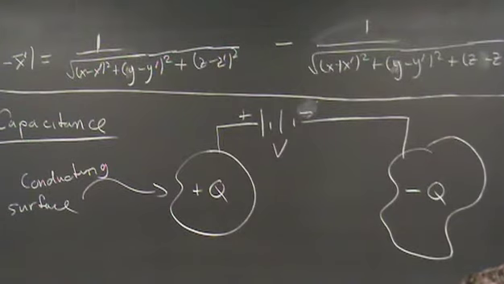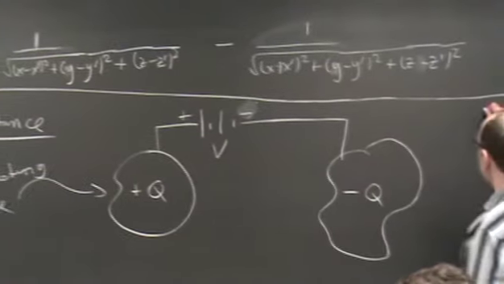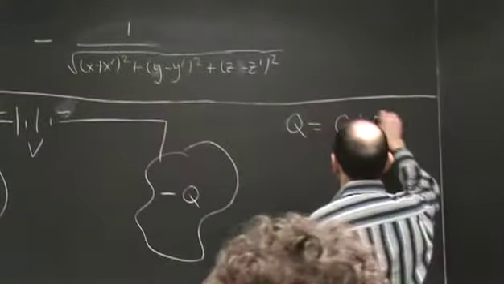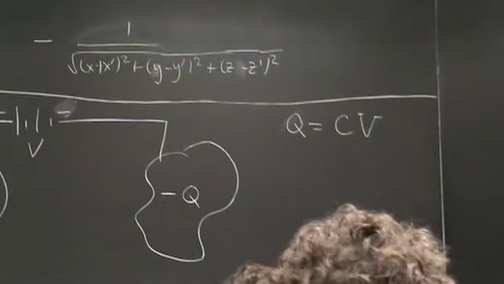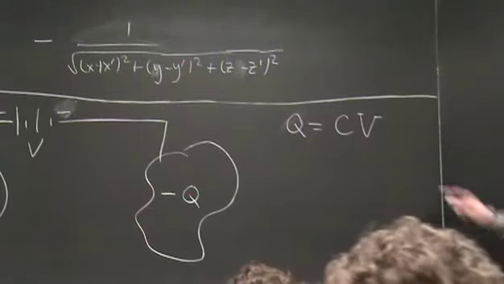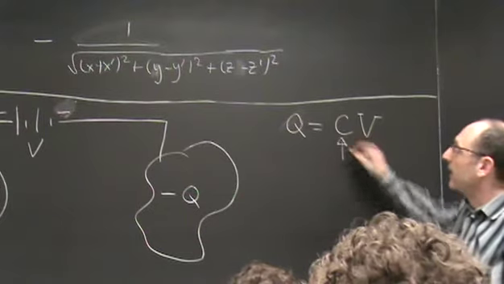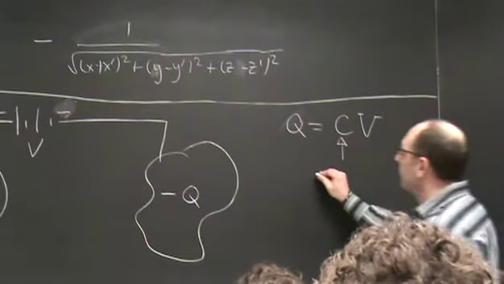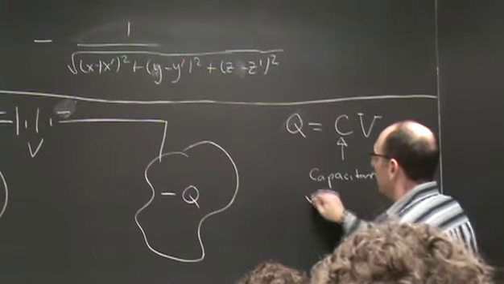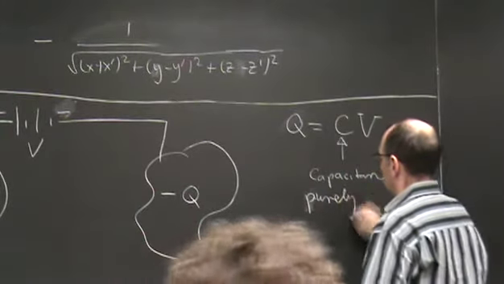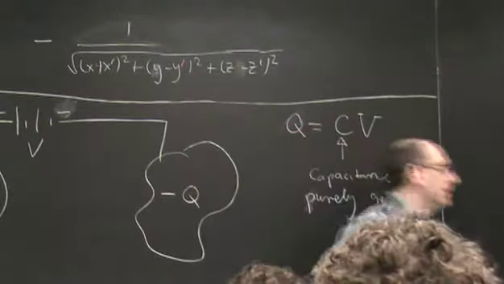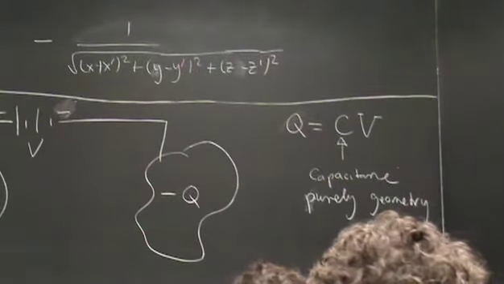Okay? And the capacitance is defined such that the charge, the equal and opposite charges that build up on these, the mutual capacity, if you like, between these two conducting surfaces is proportional to the voltage by a quantity C, and this is the capacitance, purely geometric, assuming in this case that we have vacuum in between them, and this is a perfect conductor.